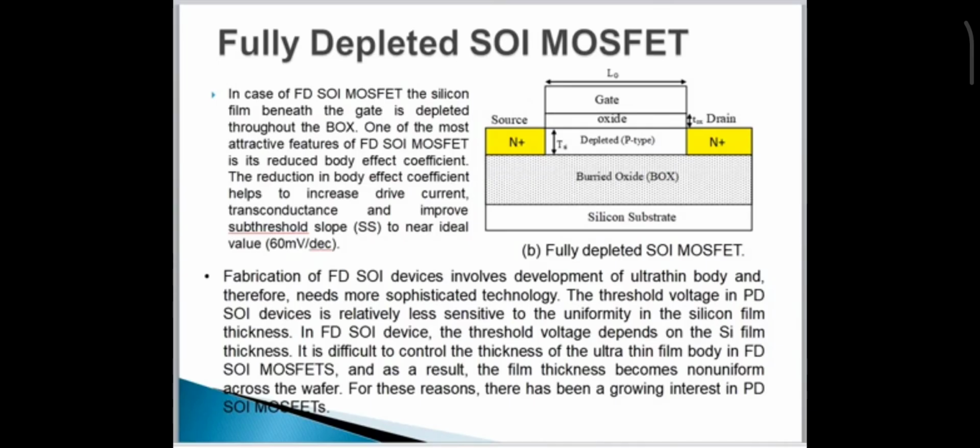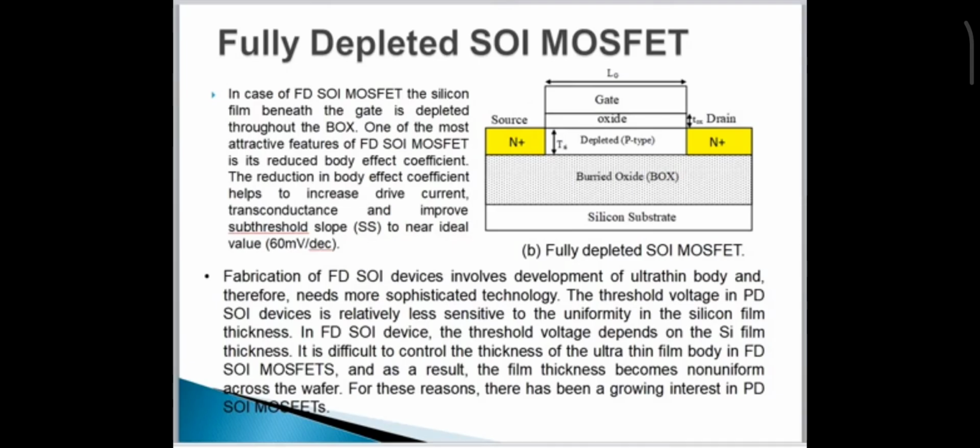You can note down that the thickness of the SOI is less in case of fully depleted SOI MOSFET. Fabrication of fully depleted SOI devices involves development of an ultra-thin body and therefore needs more sophisticated technology. The threshold voltage in partially depleted SOI devices is relatively less sensitive to the uniformity in the silicon film thickness.